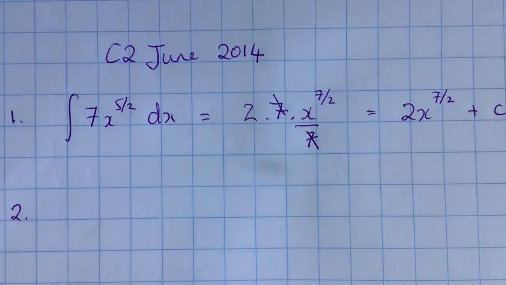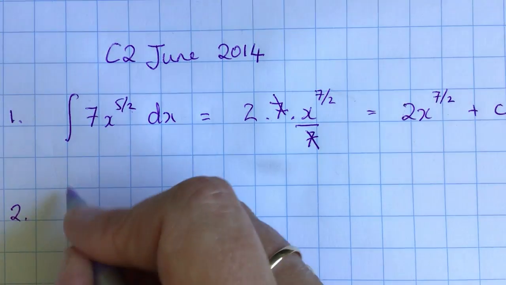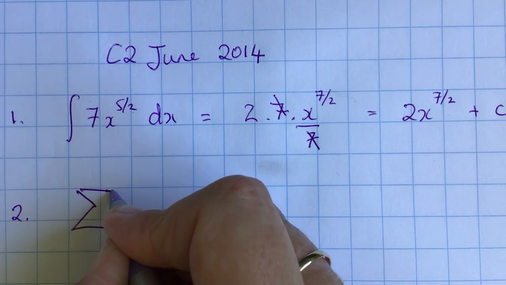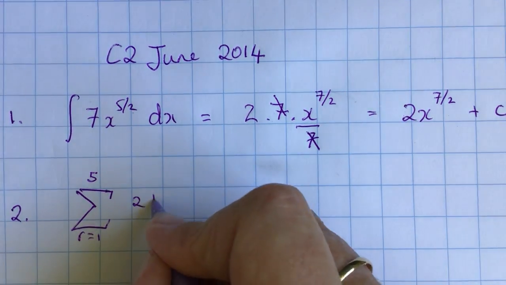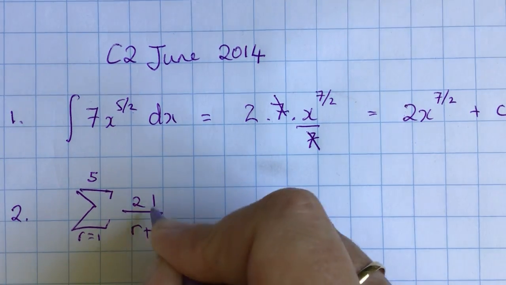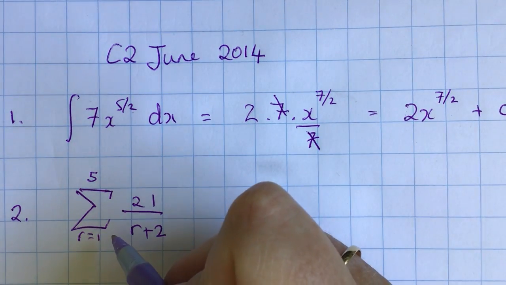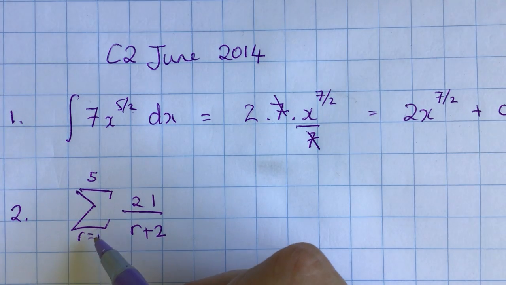Question 2. It says this symbol, which means add up from r equals 1 to 5 all the terms which are given by using this formula, plugging the 1 in, the 2 in, the 3 in, the 4 in, the 5 in.